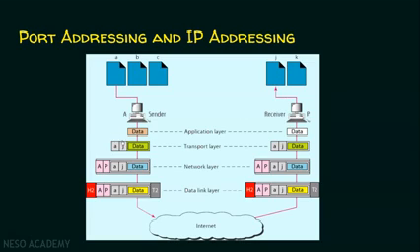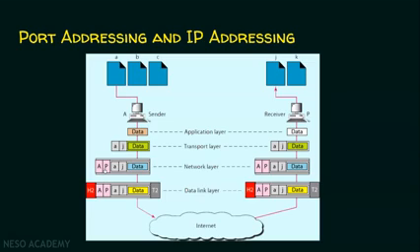Port addressing related things are done in the transport layer and IP address related things are in the network layer. To make things easy to understand, I have used A and J as the source port number and the destination port number. But in reality, source and destination port numbers will be 16 bits. If it is an IPv4 address, the source IP address will be 32 bits and the destination IP address will also be 32 bits.